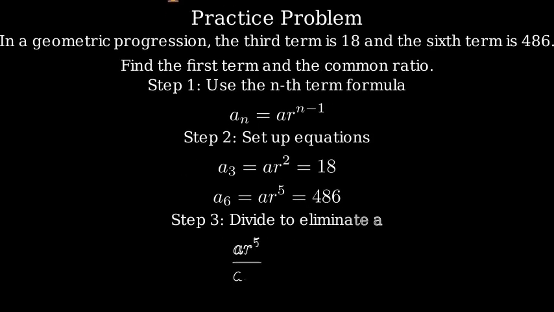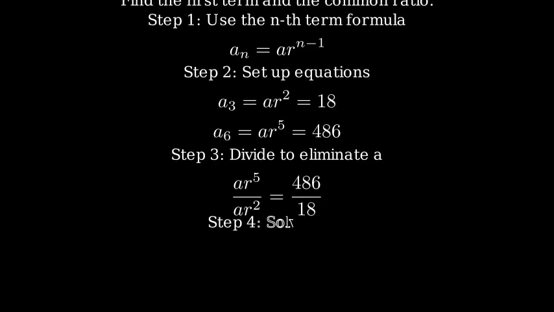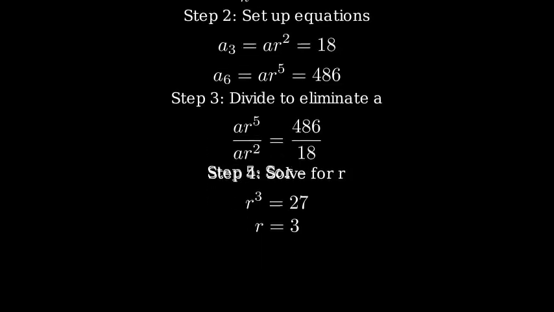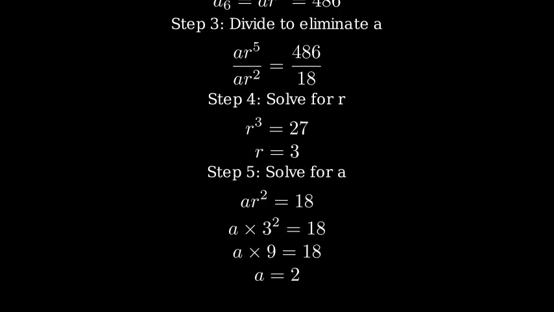Step 3. Divide the second equation by the first to eliminate a. a times r raised to the power of 5 divided by a times r squared equals 486 divided by 18. Step 4. Simplify. r cubed equals 27. Therefore, r equals 3. Step 5. Now that we know r, we can find a. From a times r squared equals 18, and r equals 3, a times 9 equals 18.